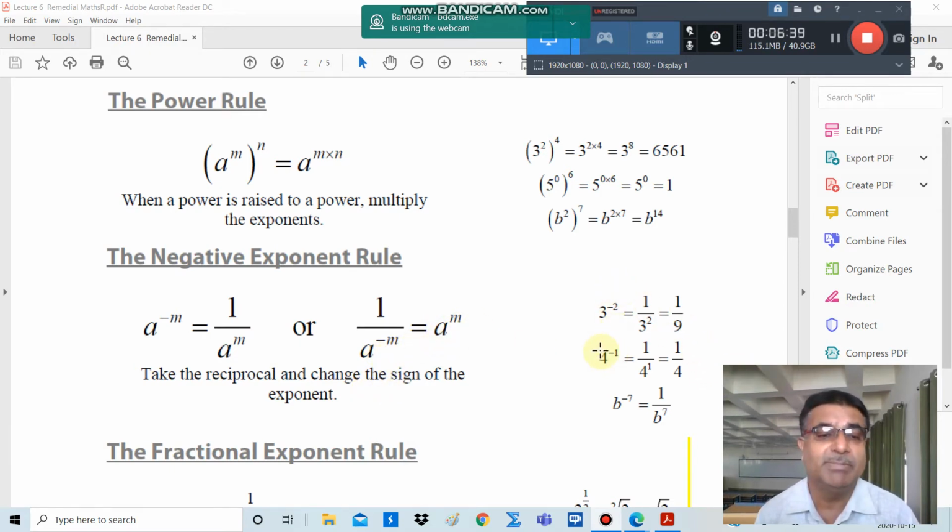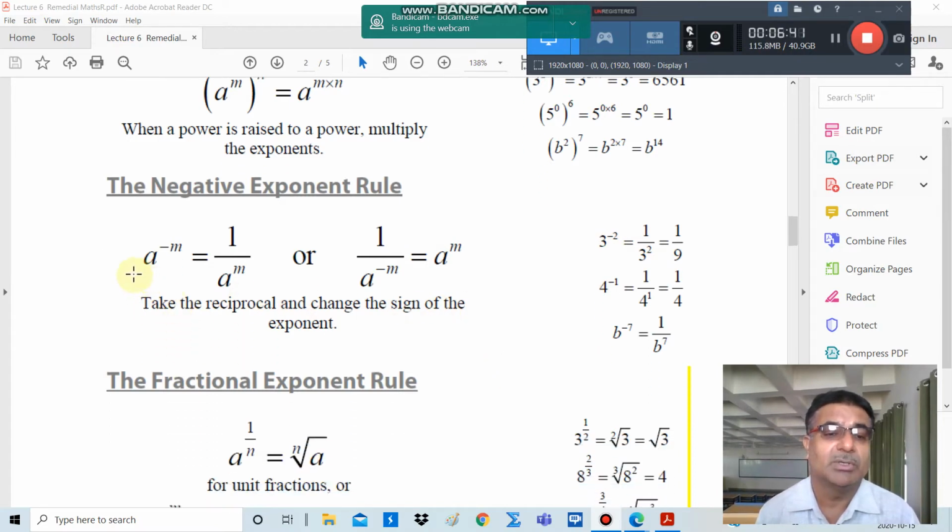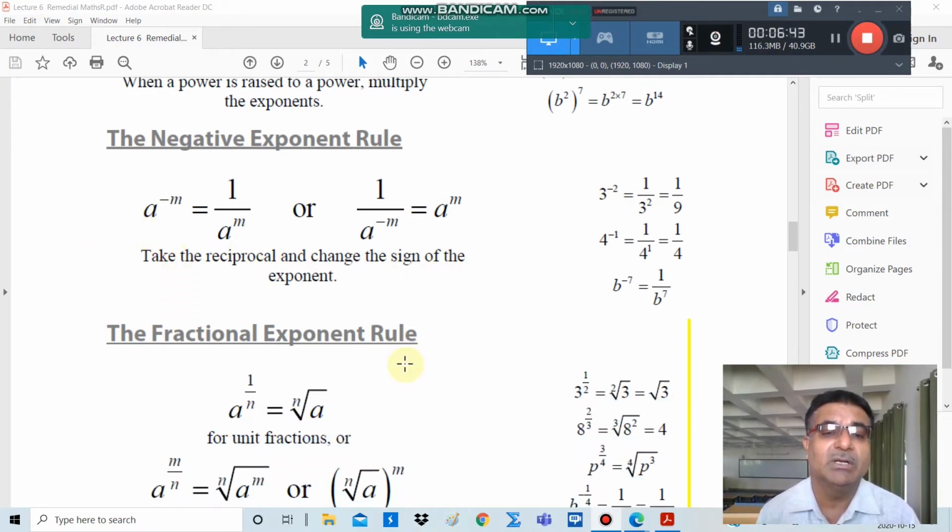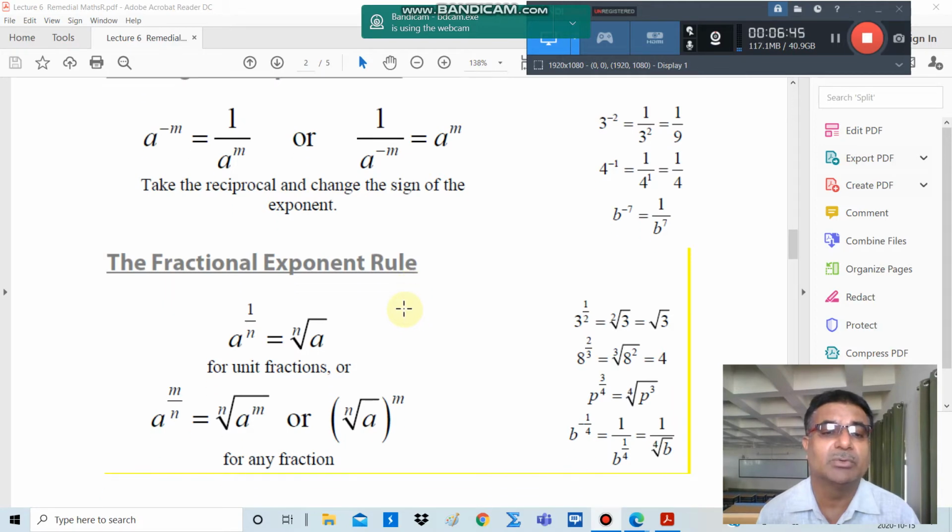These are some examples. Okay, the fractional exponent rule. a to the power 1 upon n can be written as the nth root, the surd sign. In the surd, n is used, and under the surd is a.